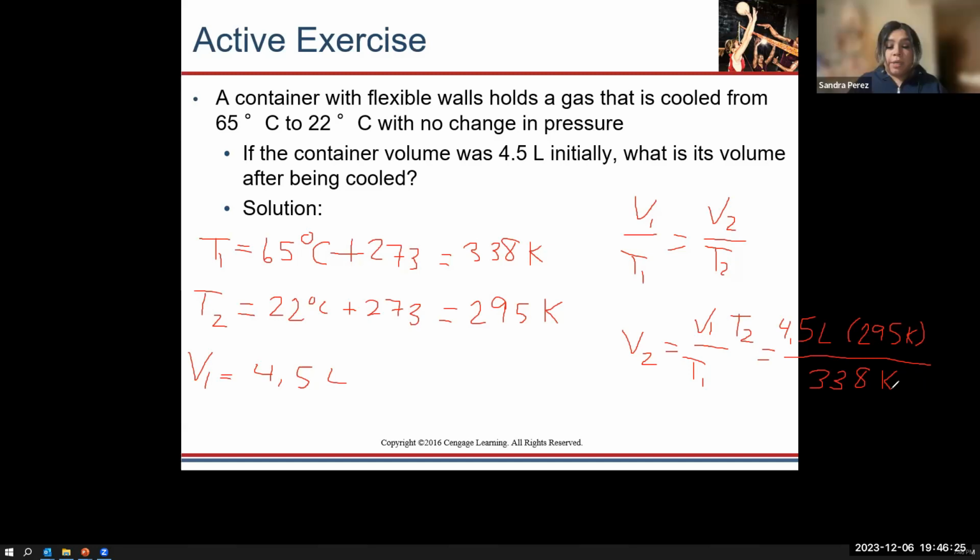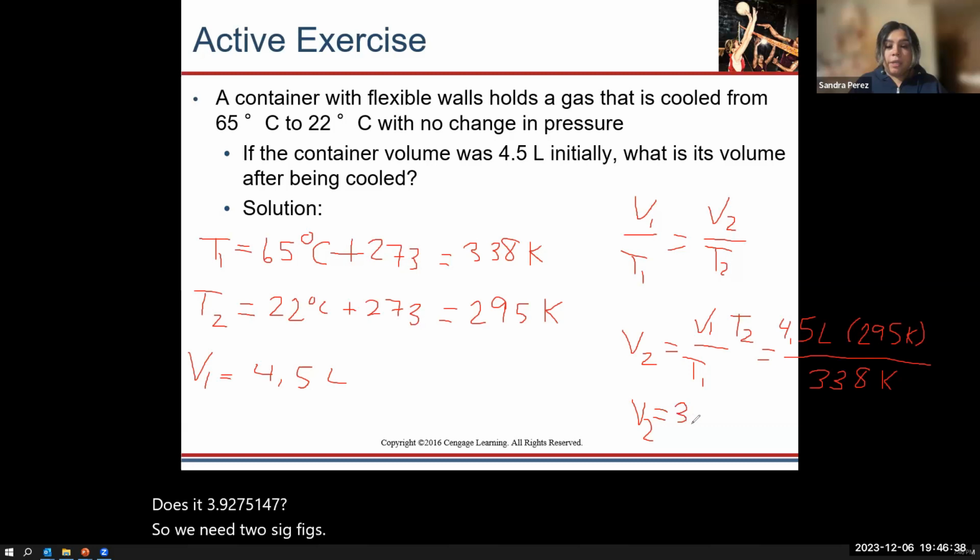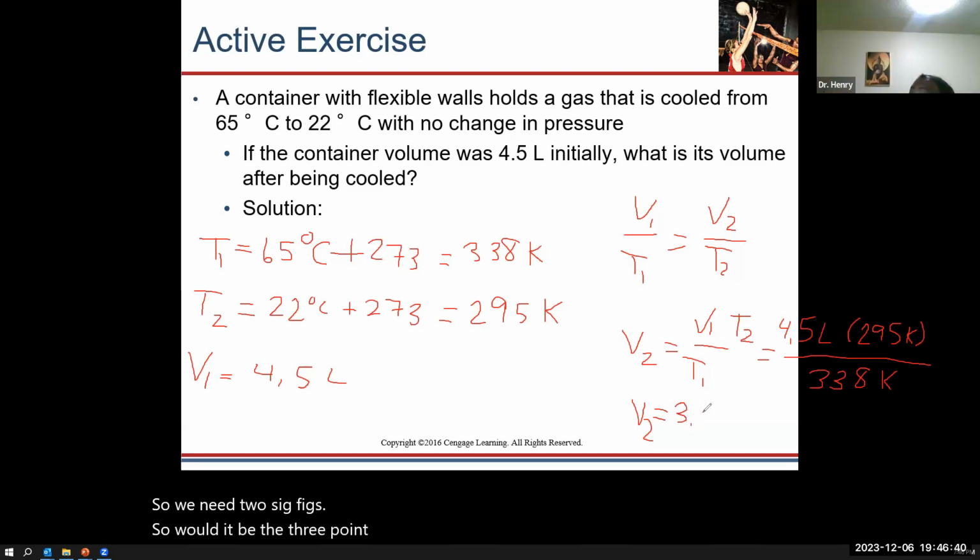So is it 3.92751479? We need two sig figs. So would it be 3.9? Is that 3.9 or 3.2? 3.9. Okay. 3.92, right?